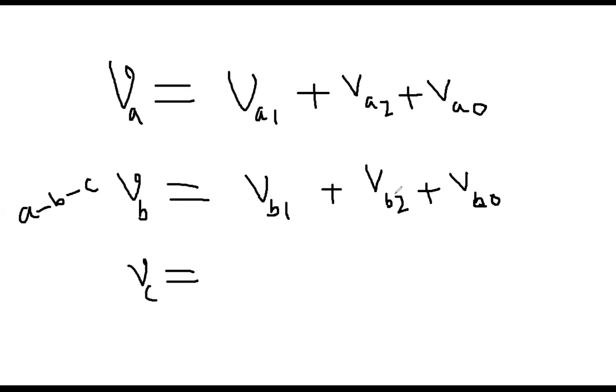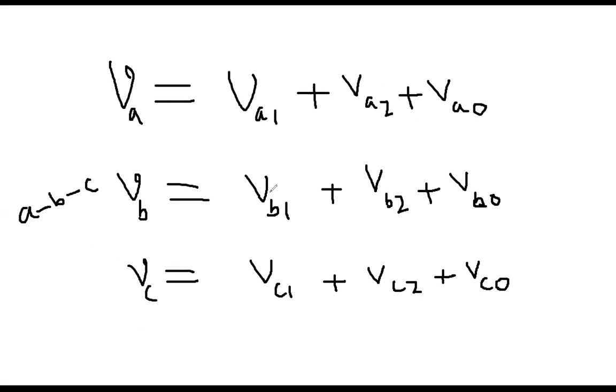It is B phase, so VB, VB here, where it was A, A, A. Similarly, decompose C into three components, VC1, VC2, then plus VC0. Again, originally this VA, VB, VC was a three-phase unbalanced system, but their phase sequence was ABC. Now I decomposed each phase into three parts with 1, 2, 0. There is significance of these numbers.